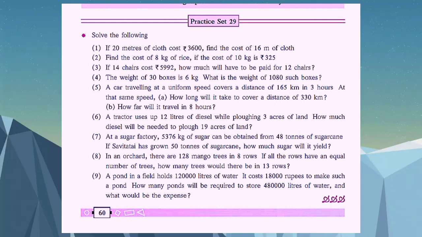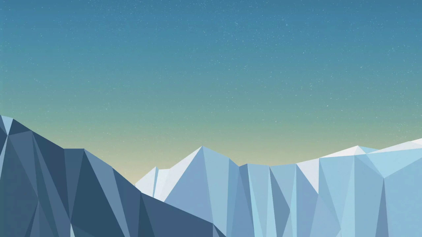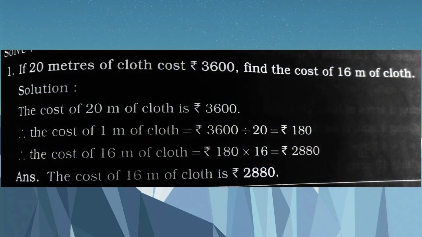For that, what we have to do here? We will divide 3,600 by 20 to get the cost of 1 meter of cloth. Then we'll multiply the cost of 1 meter with the 16 meters of the cloth.